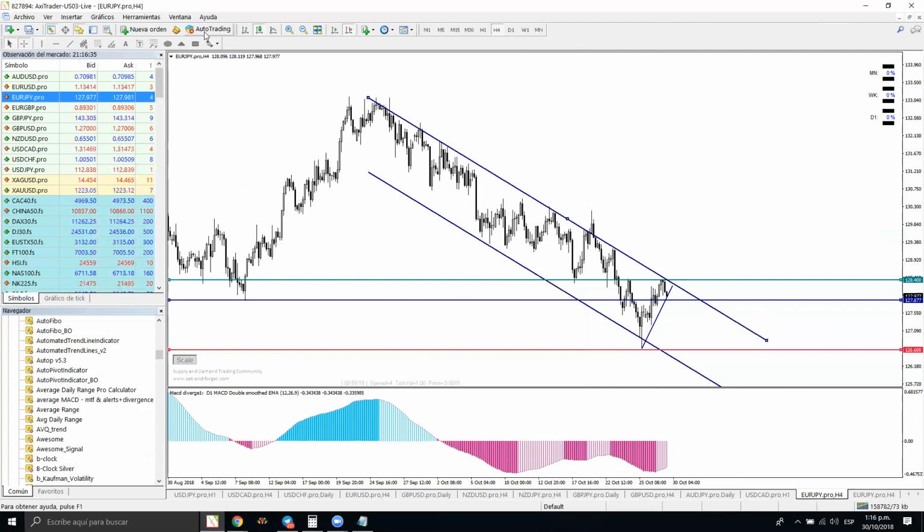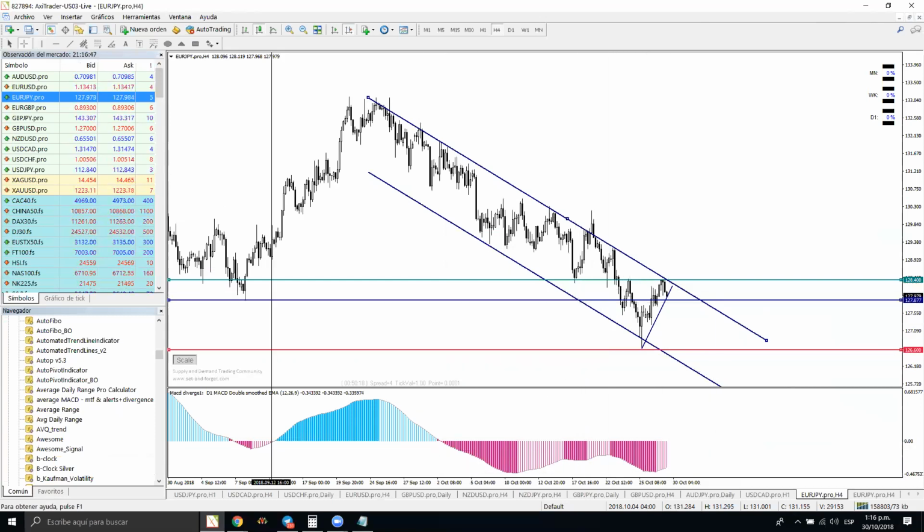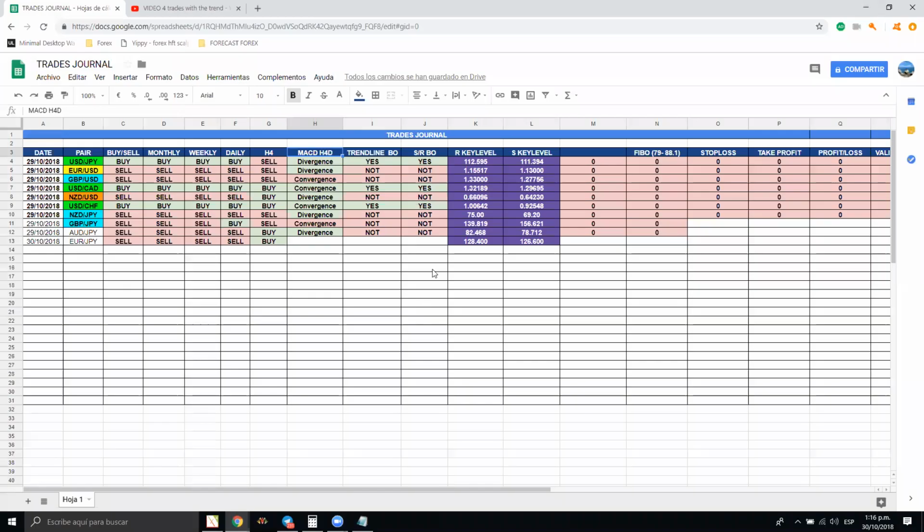So now we have the confirmation that everything is going according to our plan. The MACD is going down, convergence, and the price is going down, and we are with a sell. So write it down, it's just to have more information for the journal. Okay, we have convergence. This is a good opportunity for this pair.